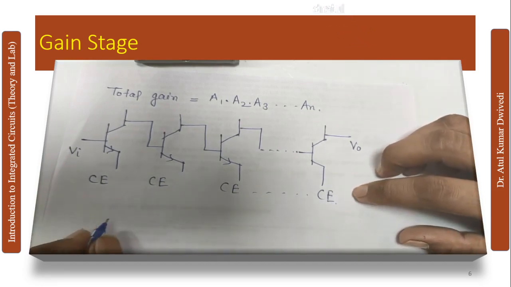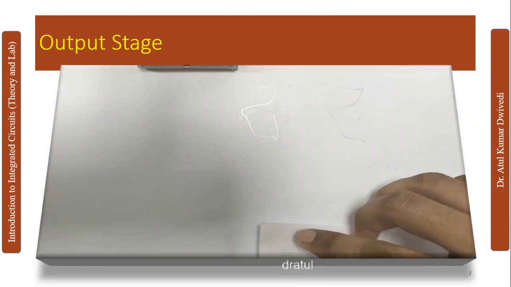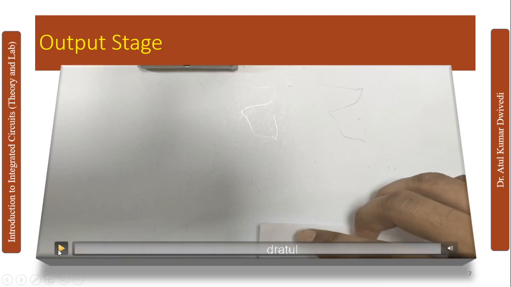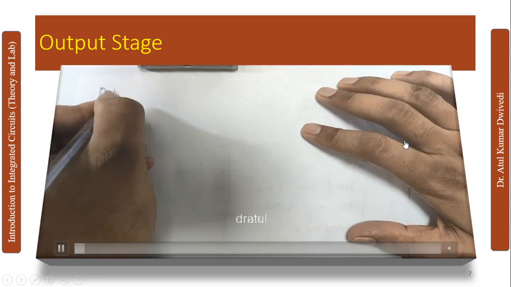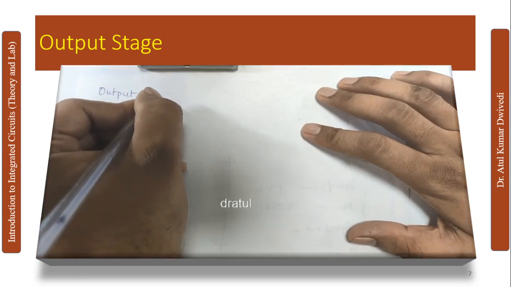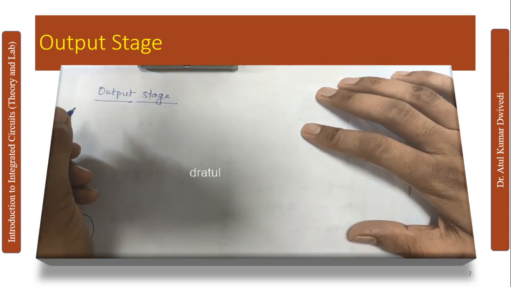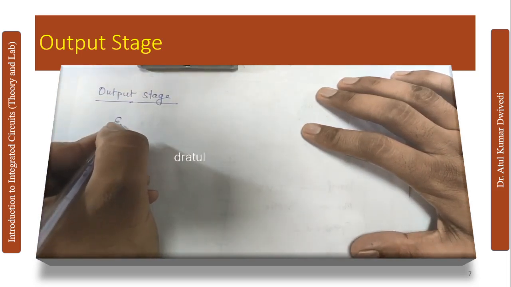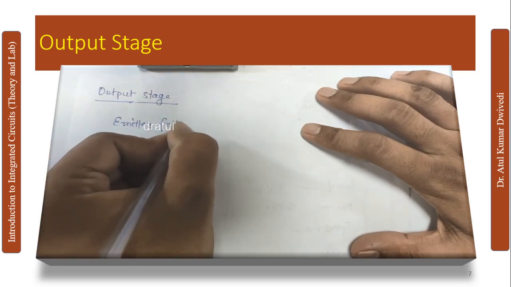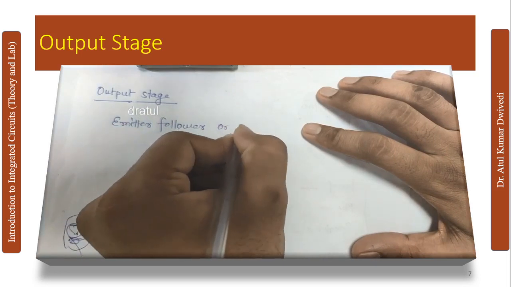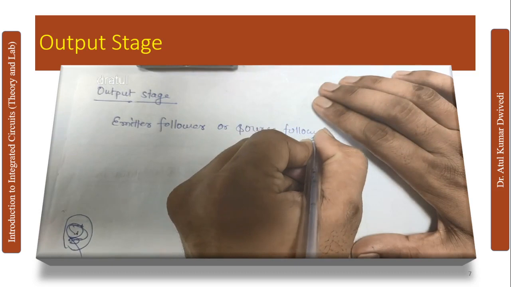In the output stage, there are source follower circuits or common collector circuits. The common collector circuit is used for the output stage of the operational amplifier. This circuit is also called the emitter follower circuit. Let us see how the source follower or emitter follower circuit is used. This circuit is like this.